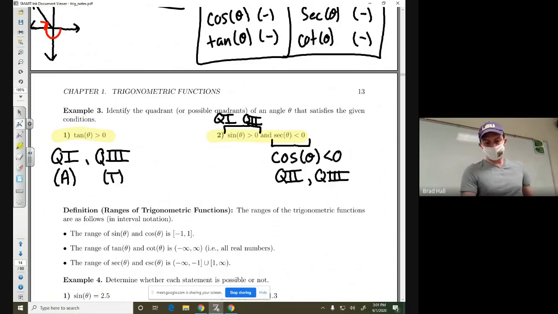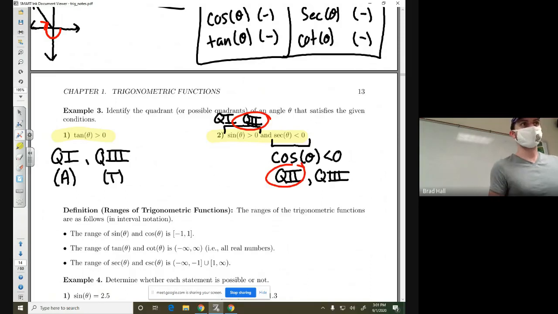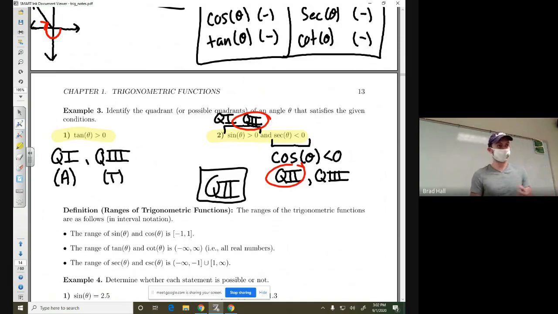So for sine, we have quadrants 1 and 2. For cosine, we have quadrants 2 and 3. Put it all together, and you see it has to be quadrant 2. That's the overlap. So the answer would be quadrant 2, because that is the overlap between the two.